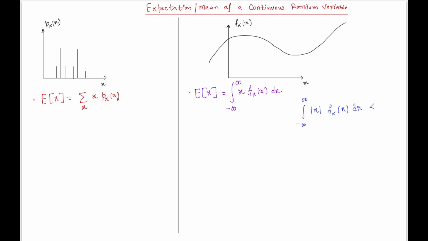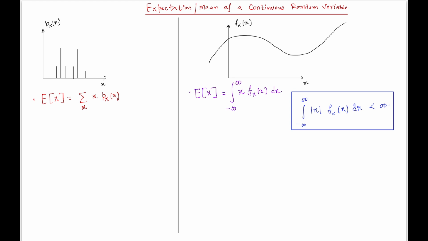Then this integration should be less than infinity. Then we will say that this integral is well defined, right? But you will not have to worry about this. You will not have to check if this is well defined or not, because we will be using such a way that it will always be well defined.